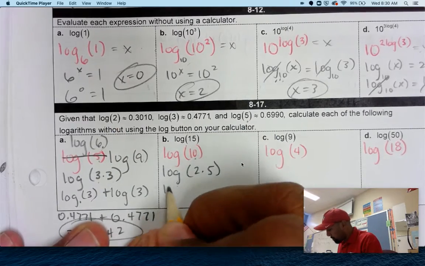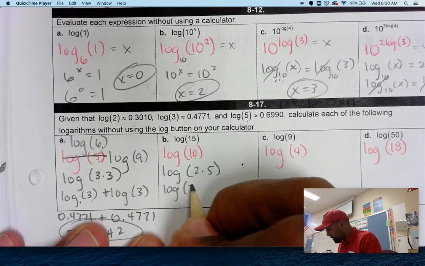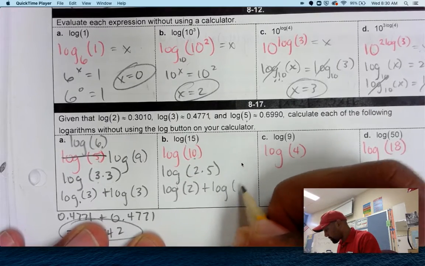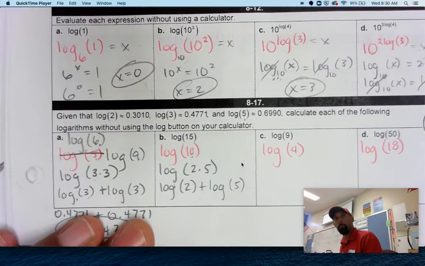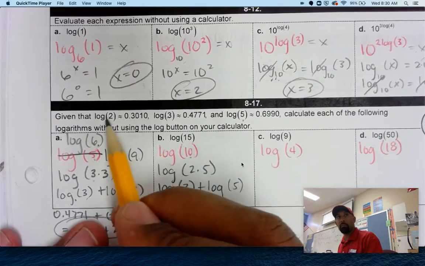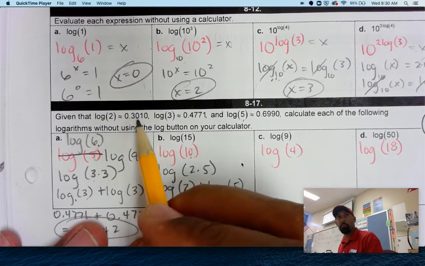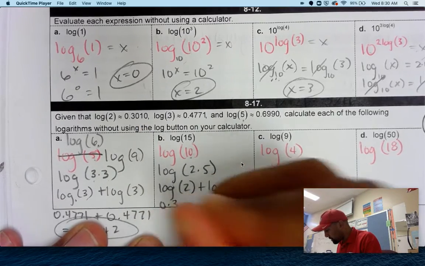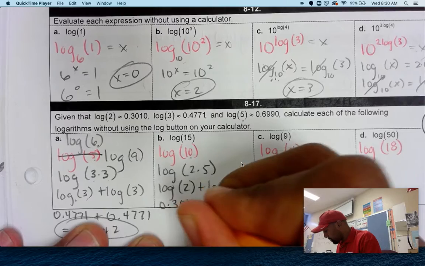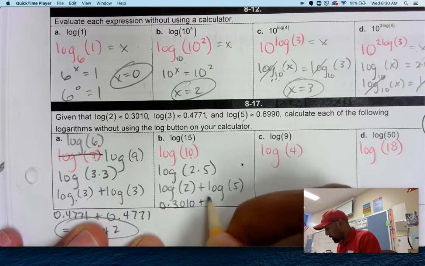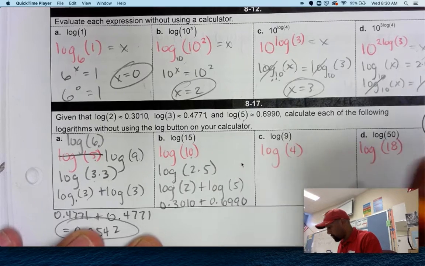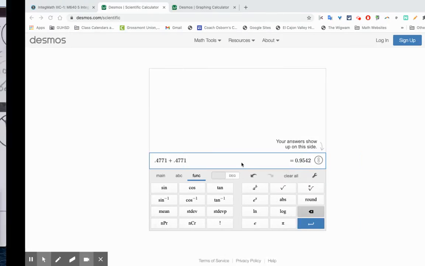Split them up by the product rule into two logs and add them. We already have the approximation for log of 2, which is 0.3010, and log of 5 is 0.6990.